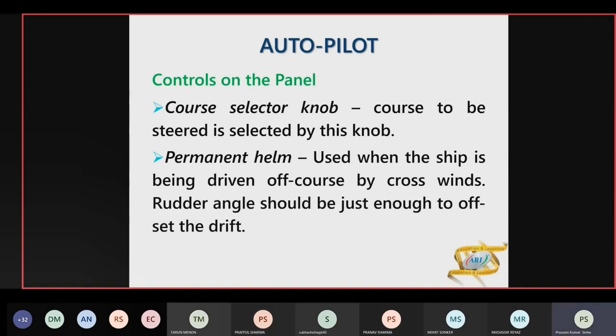That spring loaded knob is specially designed as per IMO requirements, that the course setting has to be such that it cannot be changed inadvertently. By mistake, it should not be changed. A deliberate action is required if you want to change it.